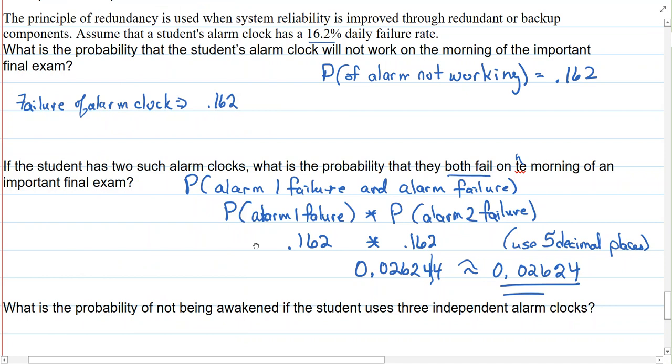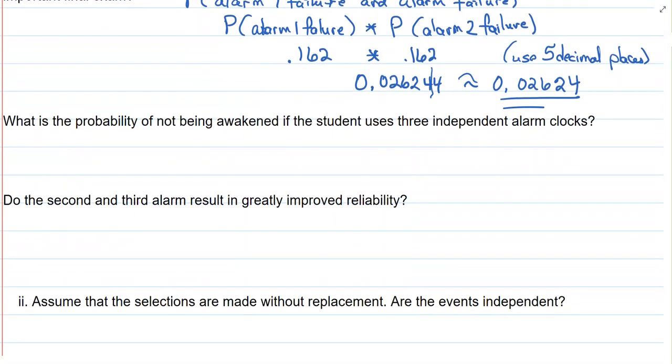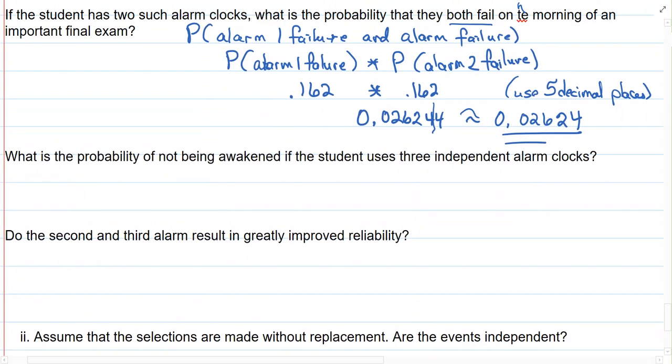Okay, what is the probability of not being awakened if the student uses 3 independent alarms? So now we have 3 of them.